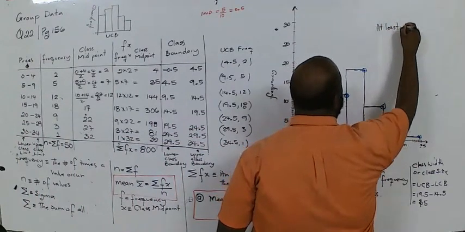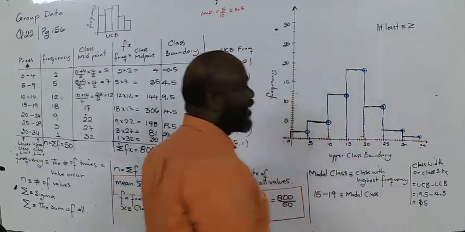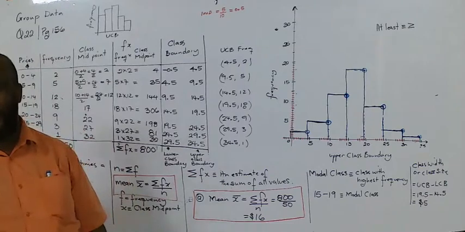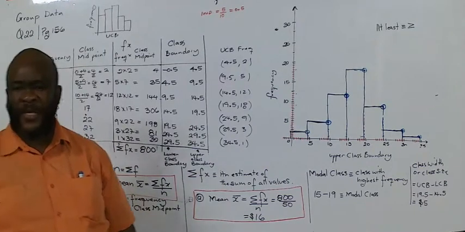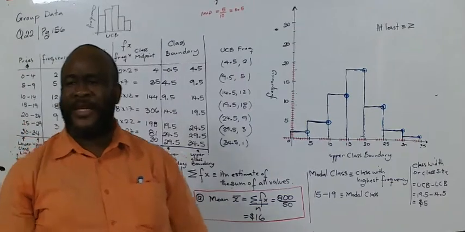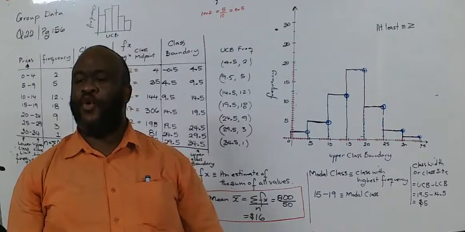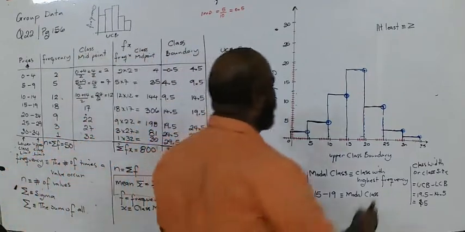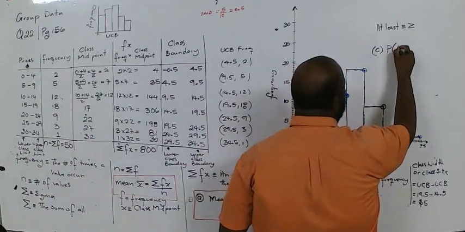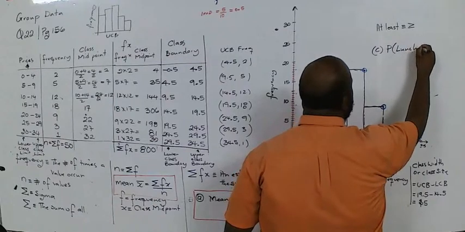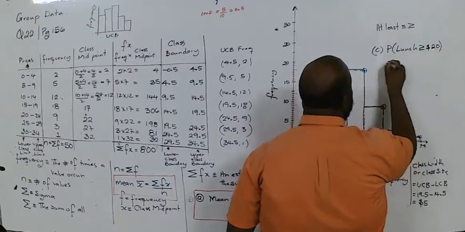At least is an inequality term, and it means greater than or equal to. So what they're asking you for is the probability that the cost of lunch is greater than or equal to $20.